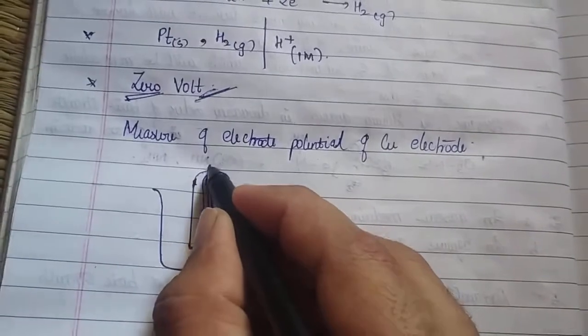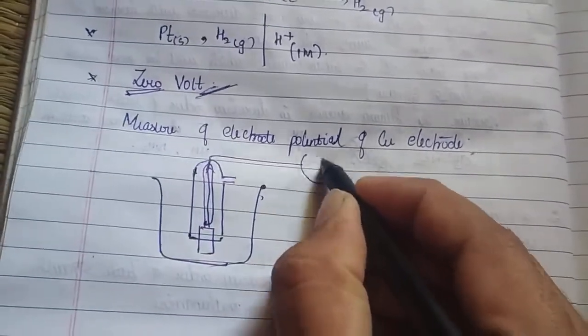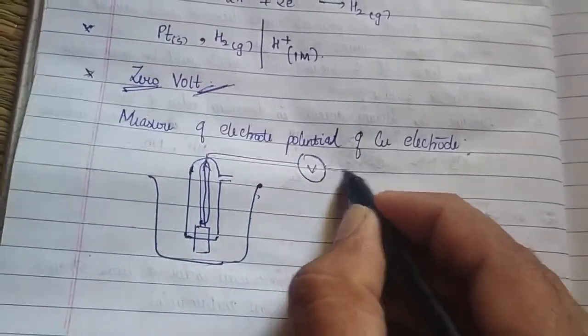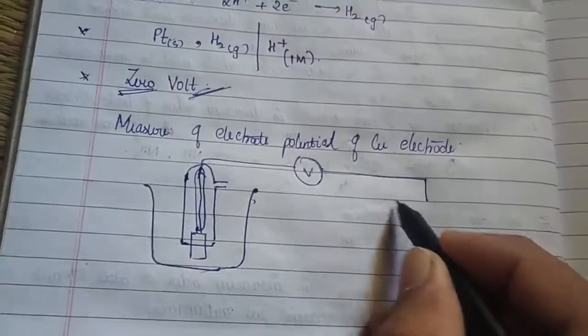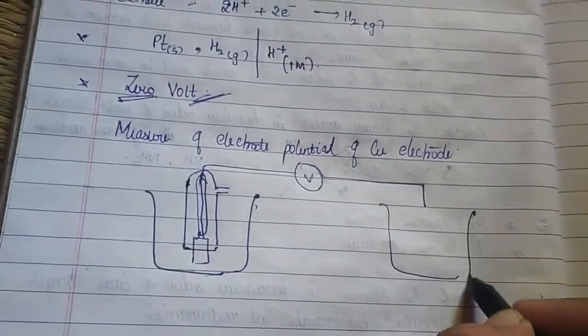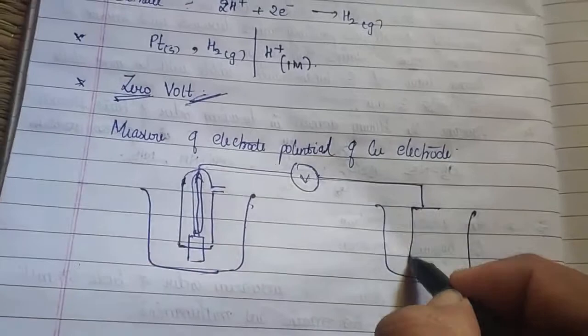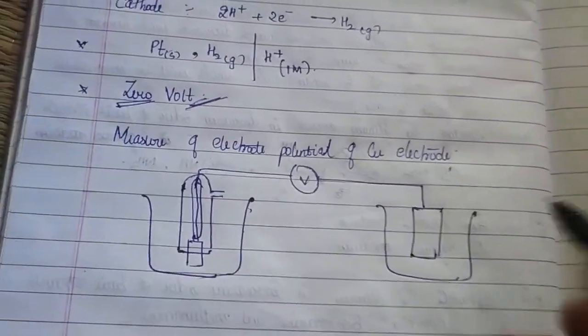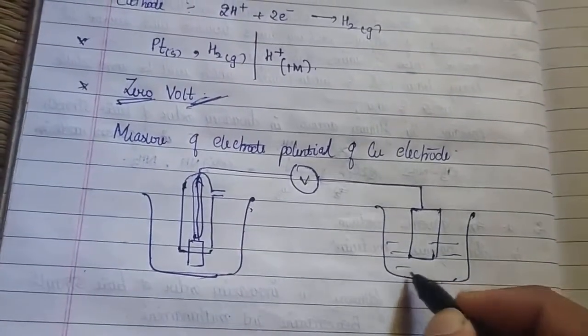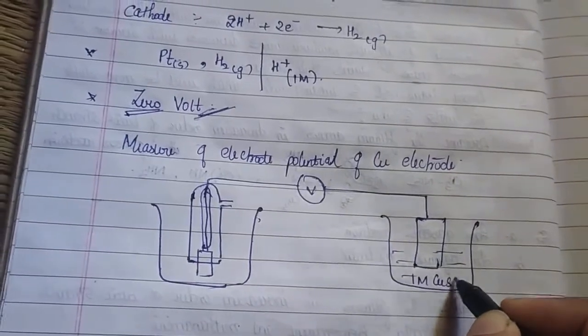And that platinum wire will be connected to a voltmeter. From here it is going to another tumbler where you have your copper electrode, which is dipped in a 1 molar copper sulfate solution.